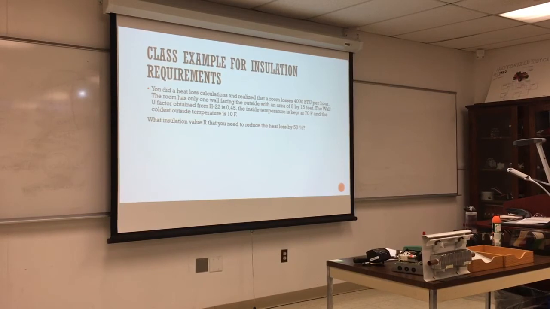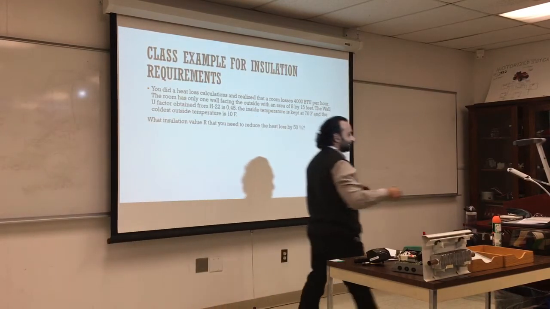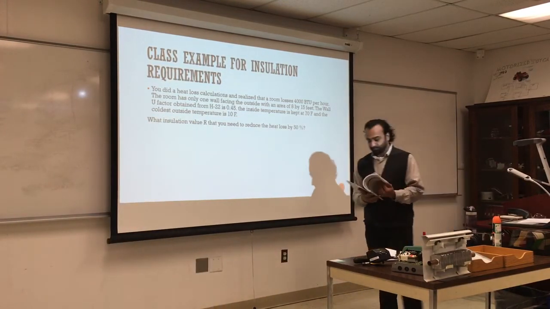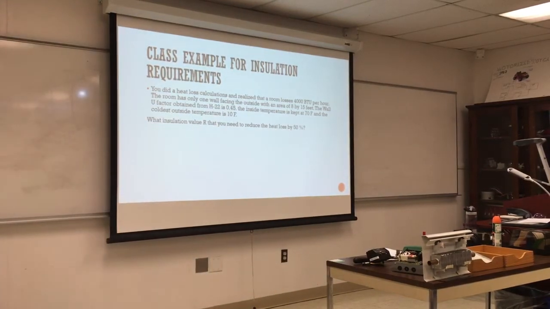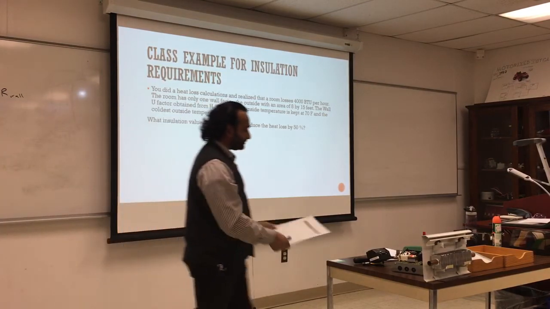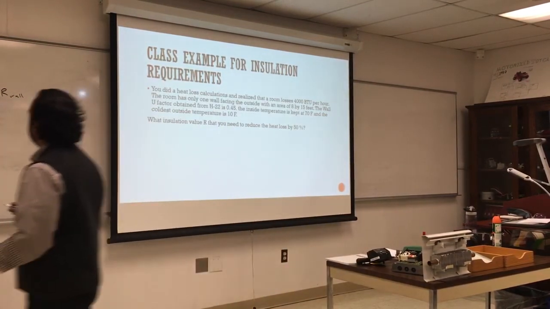So if you double the R value underneath, it'll cut the U factor in half. The equation is Q equals the area times U times delta T. When you cut that in half, you're going to cut your BTUs in half.